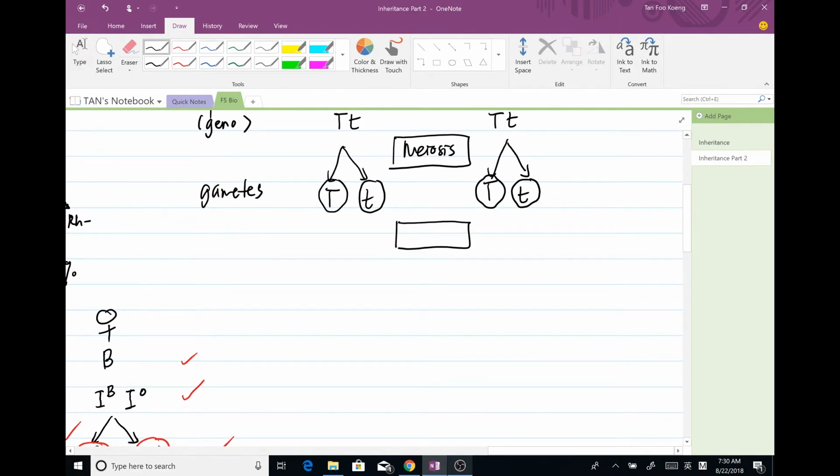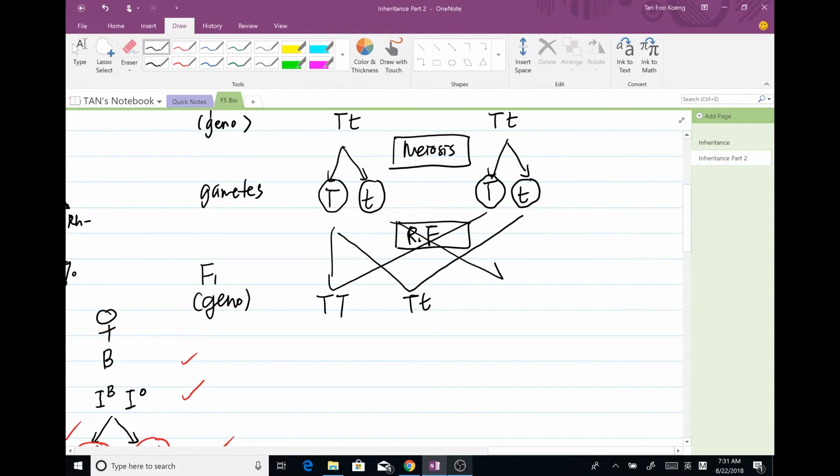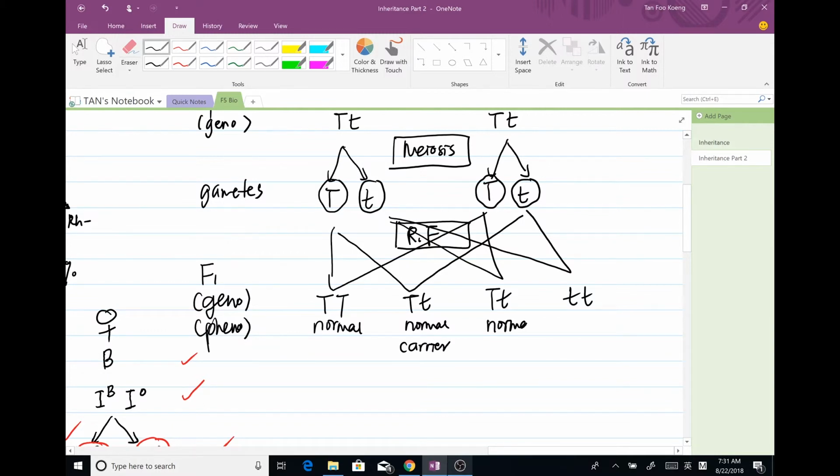During the process of random fertilization, big T can combine with big T to give the F1 generation this genotype. Big T and big T, big T and small t, big T and small t, small t and small t. This must be normal. This is also normal. However, he or she is a carrier. This F1 generation is again normal.